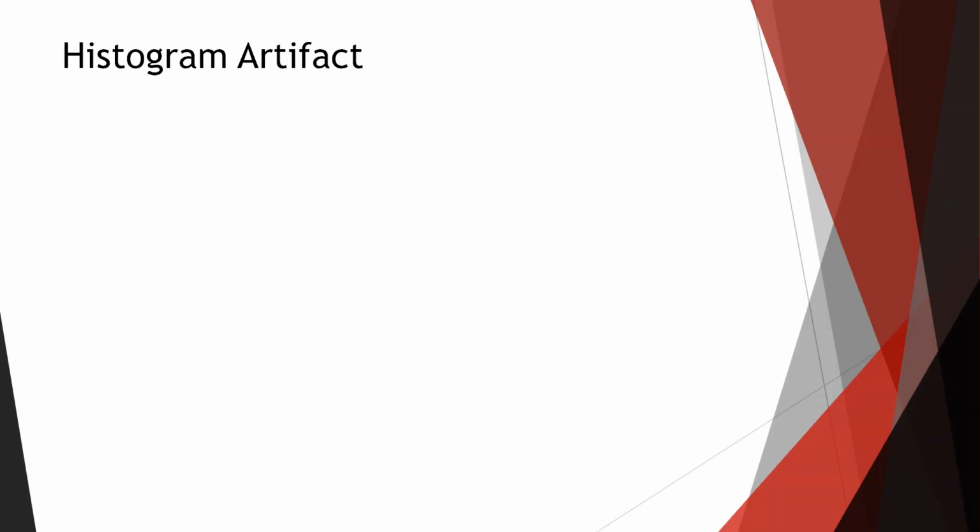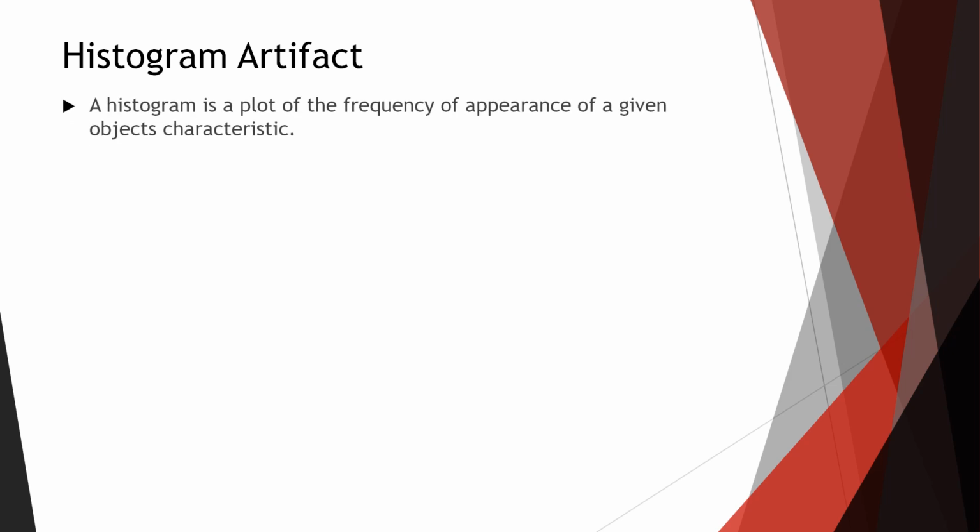So we mentioned it, so we'll go ahead and talk about histogram artifacts. A histogram is a plot of the frequency of appearance of a given object's characteristic. So it's how many times a digital value occurs on either the PSP or the image receptor, and then it's going to count up how many times this occurs.